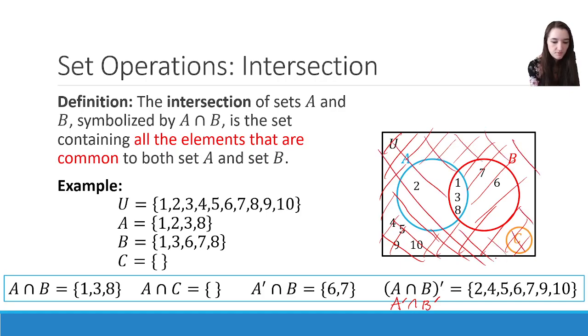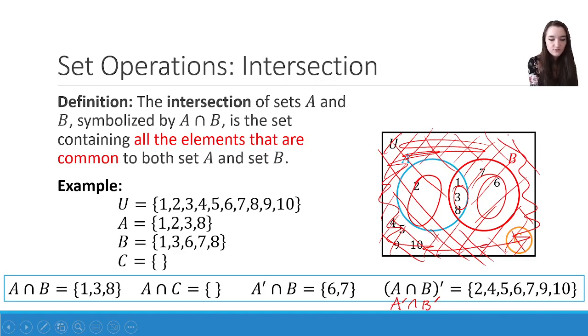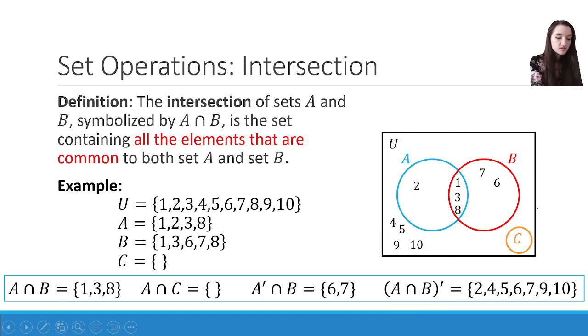But what did I color in twice? I didn't color in this area twice, I didn't color in this area twice, and I didn't color in this area at all. So it's only the stuff outside. So it's different. We will explore that principle a little bit later. It has to do with a thing called De Morgan's law. So that's something that we will talk about at the end.